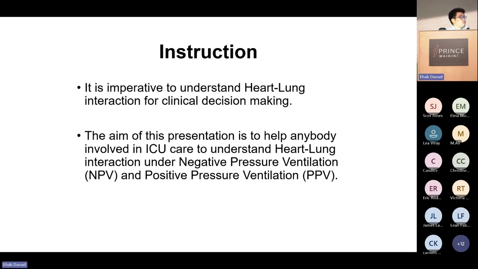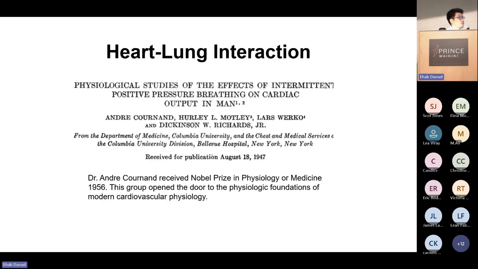So the history of heart-lung interaction actually started a long time ago. Dr. Andre Cournand, who is a pulmonary physiologist at Columbia University, actually discovered cardiac catheters, and he measured a bunch of pressures inside of the ventricles and atrium.